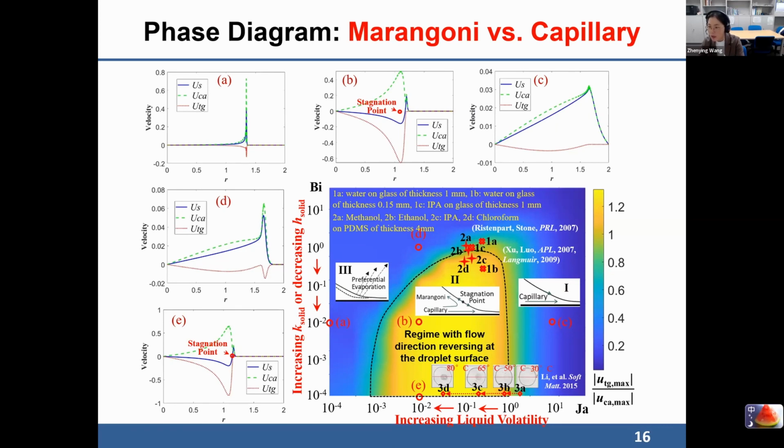But as the liquid volatility becomes strong, due to the very quick evaporation cooling effect, the temperature gradient will establish very quickly, and the thermal Marangoni flow will also develop very quickly. So again, it depends on the volatility of the liquid. This is my point of view. I hope it can answer your question, Atif.